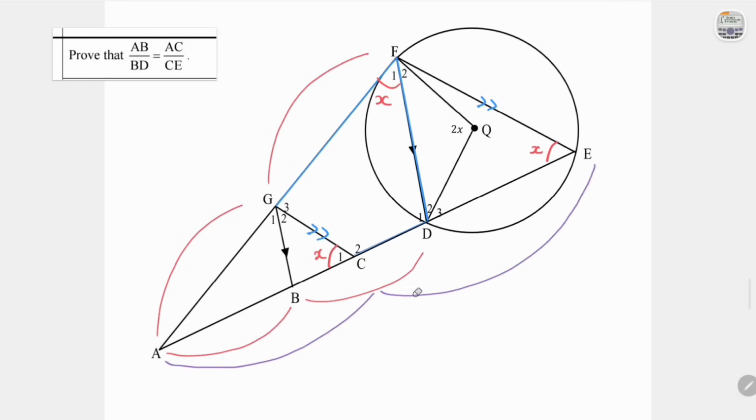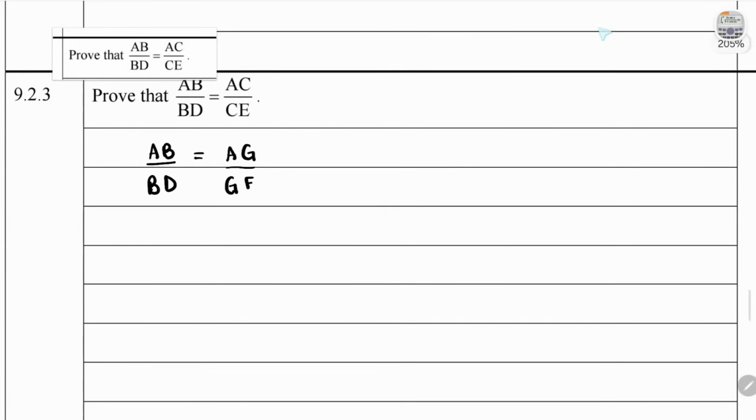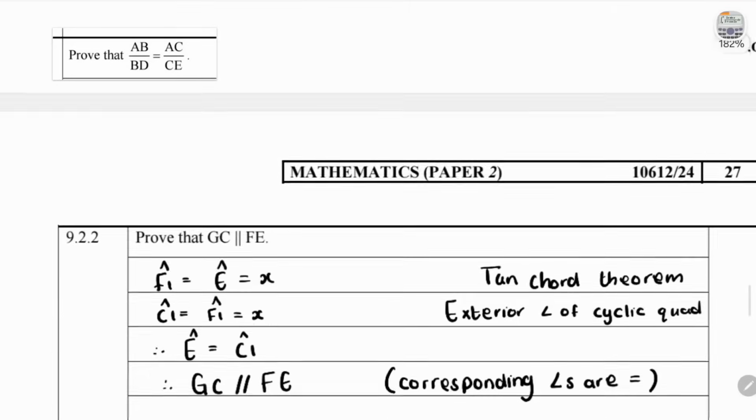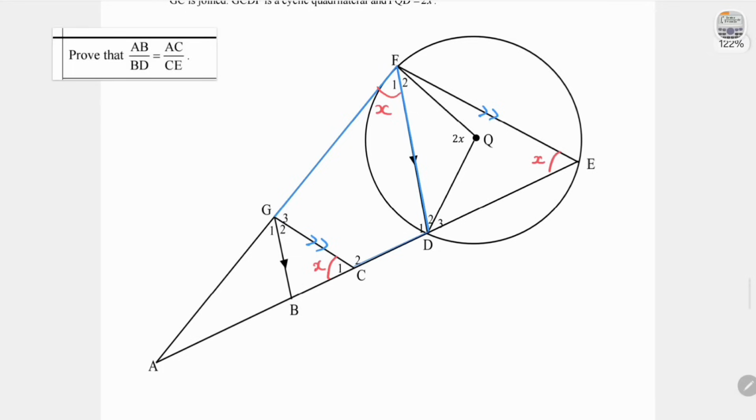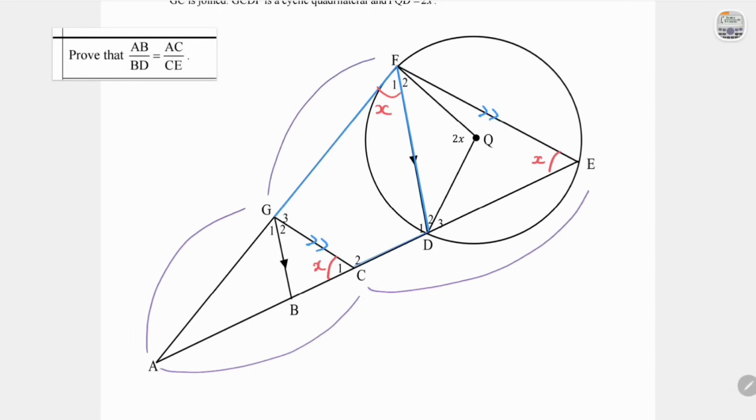So let's look at it like this first. You see how AB over BD is equal to AG over GF because of the proportionality theorem, or we could also say line parallel to one side of the triangle. Okay, and then we'll put the reason down: because of the proportionality theorem. But we can also see, and now just to remove that confusion, we'll remove that, that AC over CE is also going to be, because of these two parallel lines, equal to AG over GF.